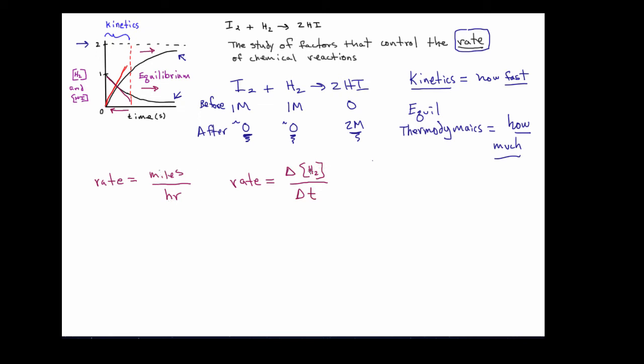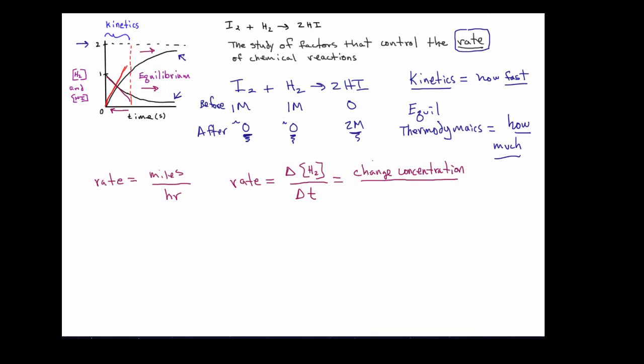In this case, we're going to measure this as a change in molarity, a change in concentration. So let me put that in words. So it's going to be change in concentration. And usually this is going to be molarity. Although, quite frankly, in a kinetics lab, they're going to follow the rate based on something that's convenient. So it could be a change in partial pressure, for example, or a change in absorbance on a spectrophotometer.